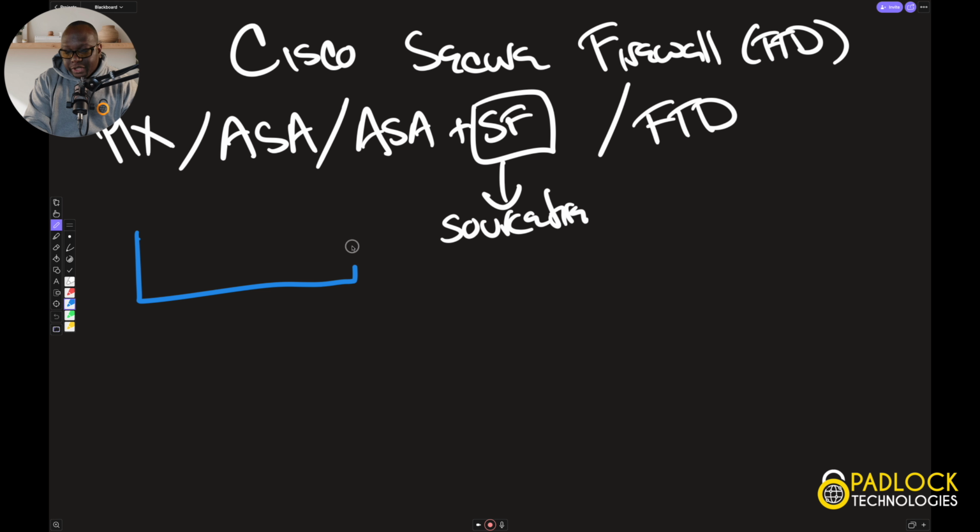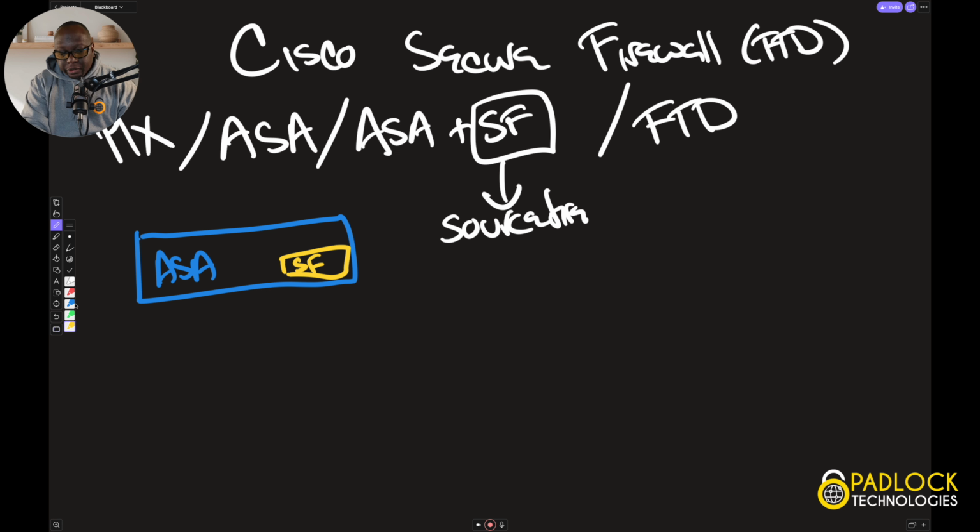So let's say we have an ASA here, and I think it was like the 55-something, and then they would have this SF module that would sit in there, right? So now, what you would unfortunately have to do is manage them independently of each other. You'd have one side to manage the ASA, the other side to manage the SF console. Now, this would give it that layer 4 through 7 functionality, but let's just be honest here, it wasn't the best integration, right?